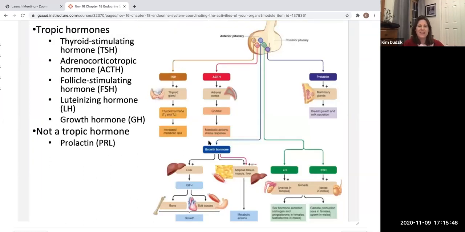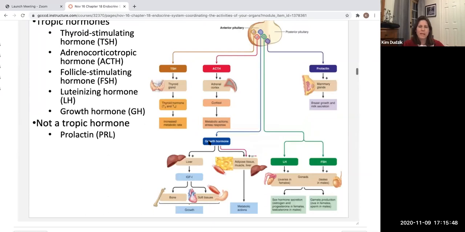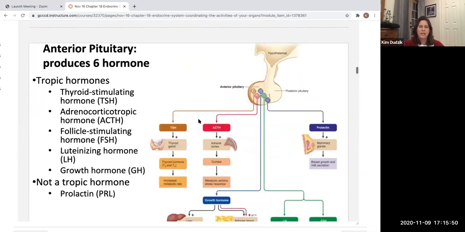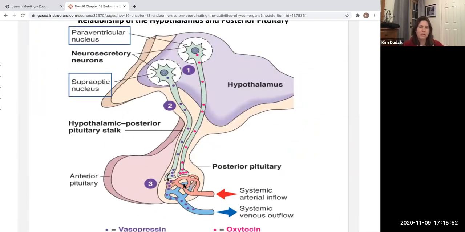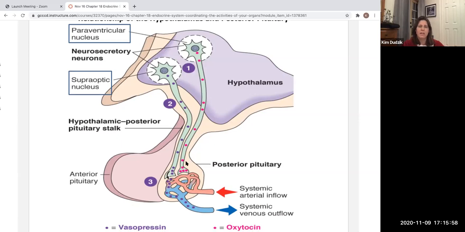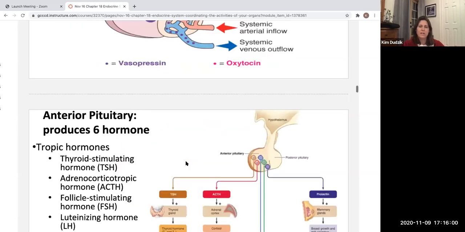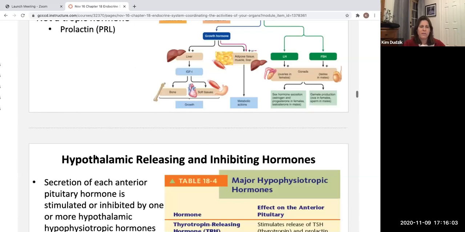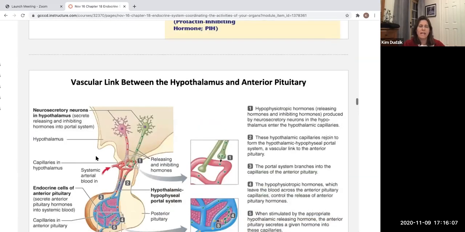All right, so the thing to remember here is the connection between the hypothalamus and the posterior pituitary and what hormones that releases, and that those hormones are made in the hypothalamus. And then the connection between the hypothalamus and the anterior pituitary through the portal system.